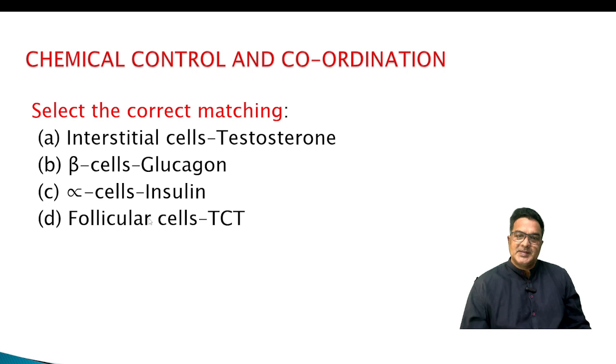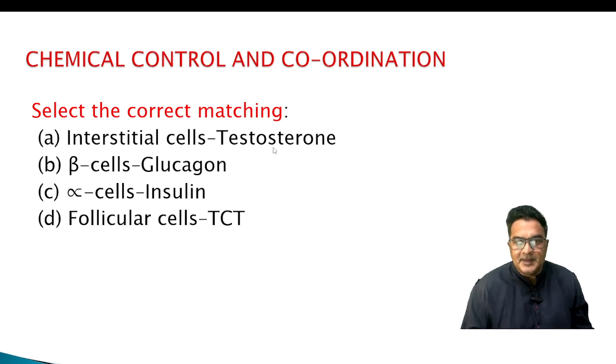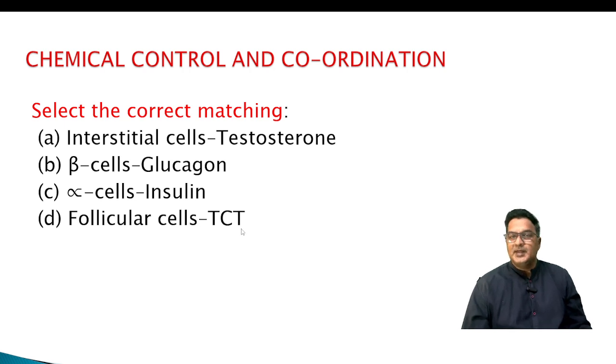Select the correct matching. Interstitial cell secrete testosterone, beta cell secrete glucagon, alpha cell secrete insulin, follicular cell secrete TCT. Interstitial cell secrete testosterone, whereas beta cell secrete insulin, alpha cell secrete glucagon, follicular cell secrete thyroxine.